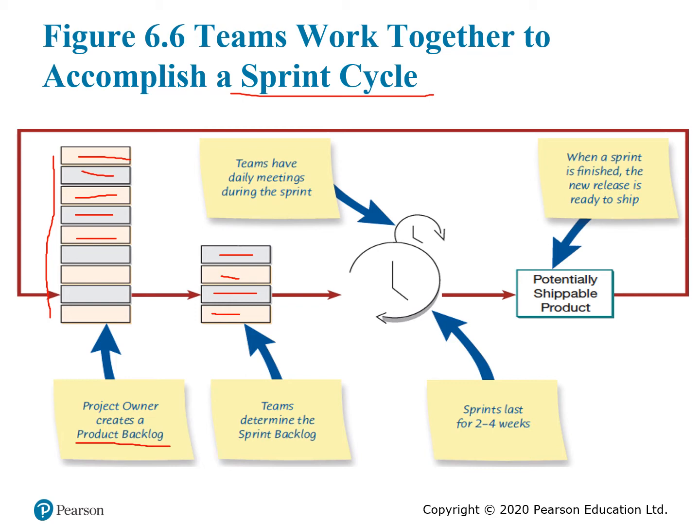And then we have the sprint. Here we have two sprints. One sprint is normally either 2 weeks or sometimes even up to 30 days. And then we have another one, which is the 1-day daily meeting.